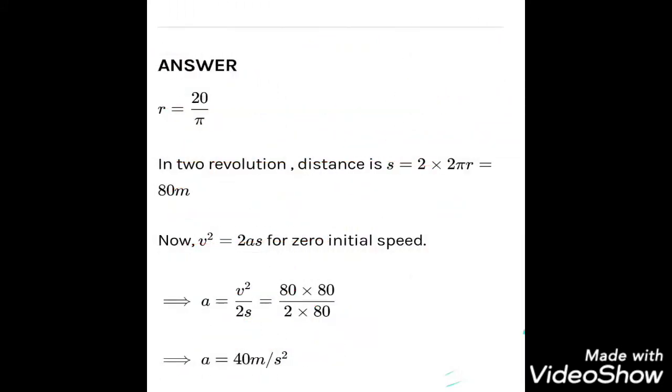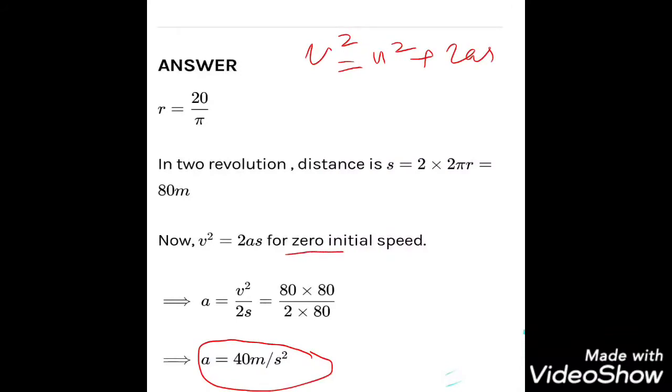So for question number 6, 40 meter per second square is the acceleration. How are we getting it? Here you know the equation v² = u² + 2as. The initial velocity is 0, so we write v² = 2as only. From that we can say a = v²/2s.